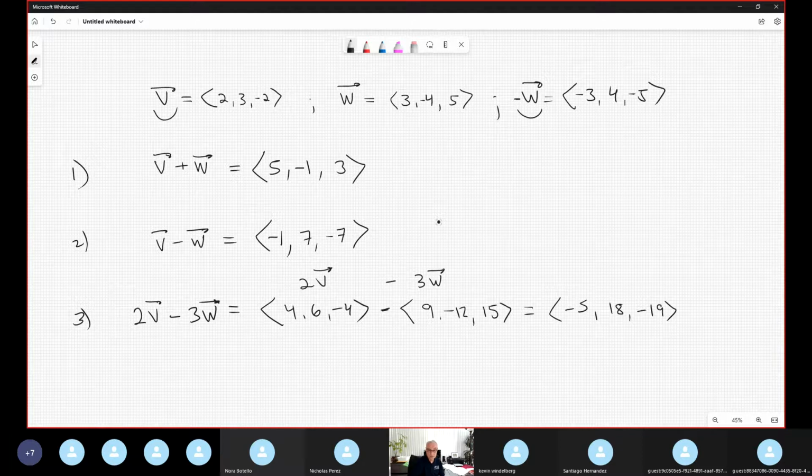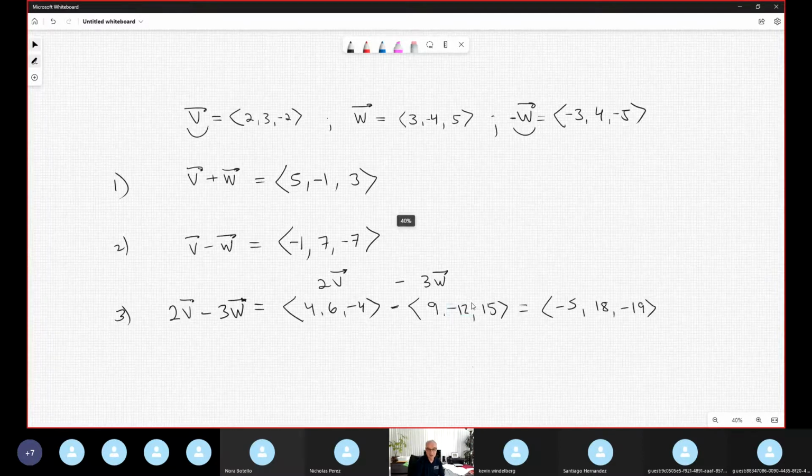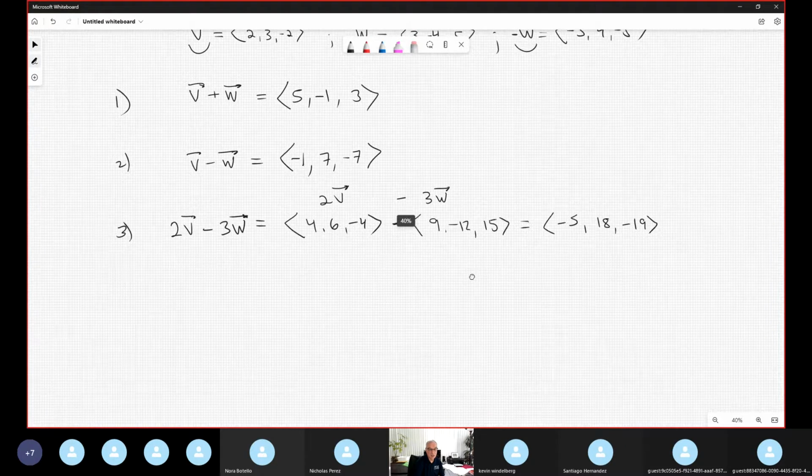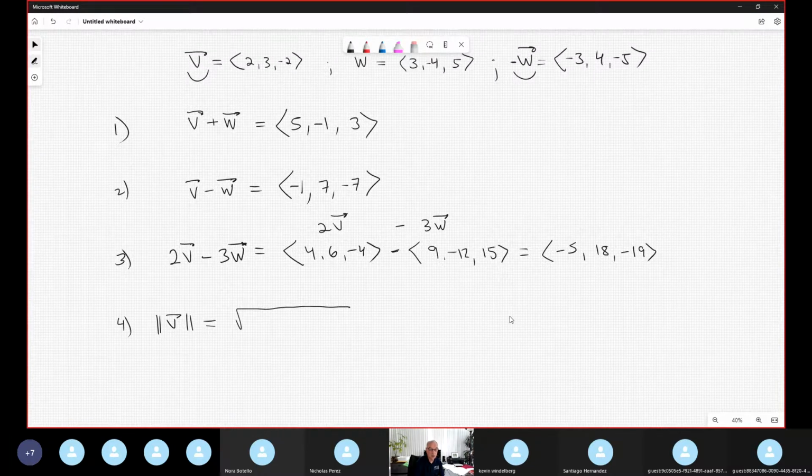Let's practice. Everyone follow me? It's easy, eh? Yeah. Now, suppose another operation, operation number 4. Suppose the magnitude of the vector B, out of curiosity. Compute that. Magnitude, remember, the formula is the square root of each component squared. And the components of B were 2, 3, and negative 2.